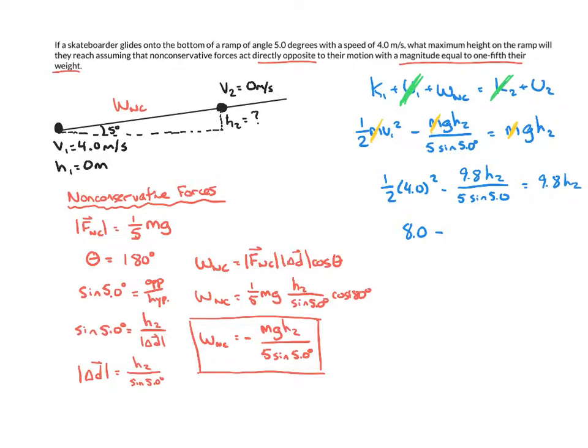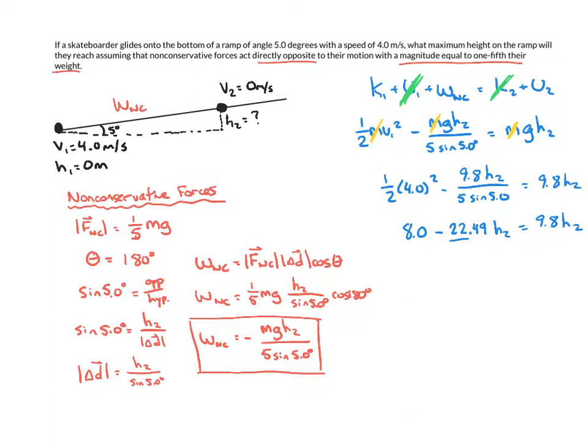Second term, get my calculator out. 9.8 divided by 5 sine 5. You have to do that carefully in the calculator. I'm getting 22.49. I'll keep an extra couple of digits here to be more accurate. I'll underline the 2 sig figs that it's supposed to be though. Equals 9.8 h2. Okay, what I'll do from here is try to collect like terms.